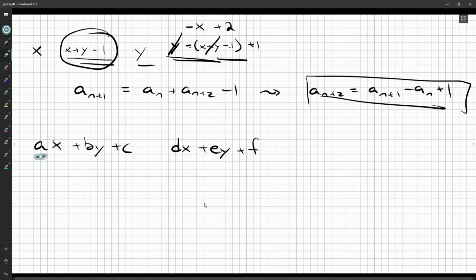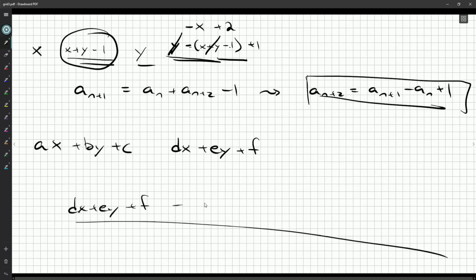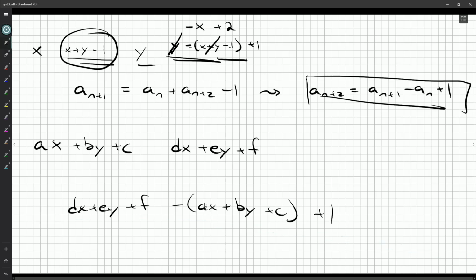So the next term is going to be the previous term minus the term before that plus 1. So this ends up being equal to d minus a x plus e minus b y plus f minus c plus 1.